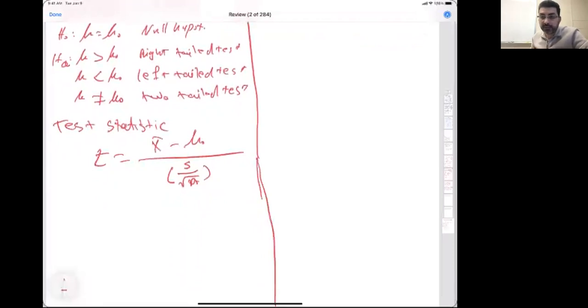So the only way to find the p-value is to use Excel or technology, or a calculator that can calculate the p-value from the t distribution. To find the p-value, you need to know the degrees of freedom, n minus 1. So important to know them.